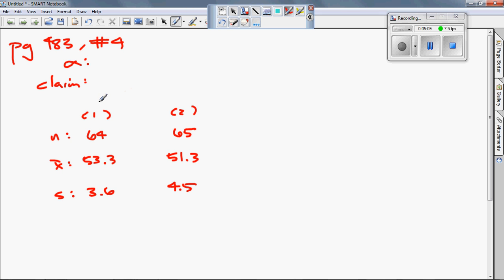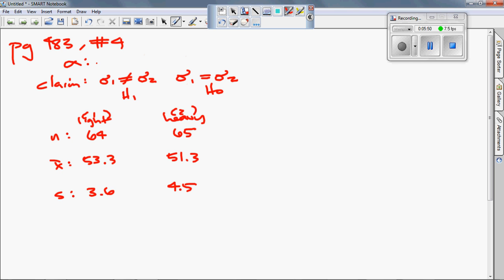So 1 is going to be our light users, and 2 is the heavy users. So sigma 1 is not equal to sigma 2. They are different. So the opposite of that is sigma 1 equals sigma 2. This is our alternative hypothesis, and this is our null hypothesis.